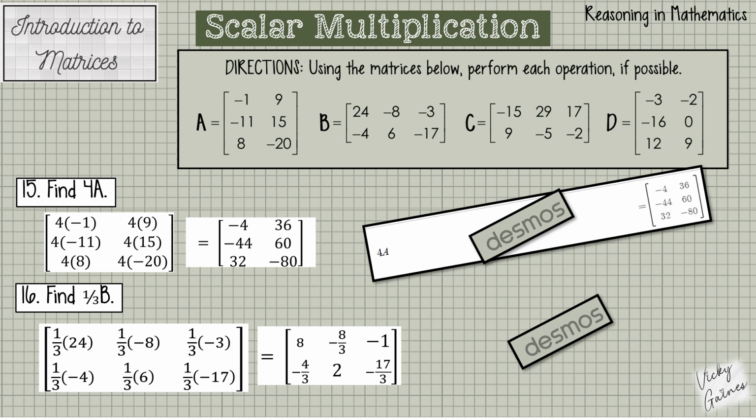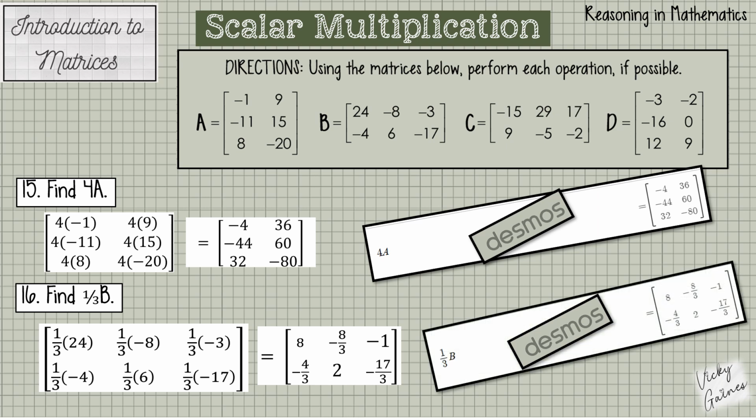And if we put that one in Desmos and we do 1/3 B, they're not automatically going to come up as fractions, but right next to the matrix that has the decimals is an option, I mean, right to its right. That'll change it to fractions.